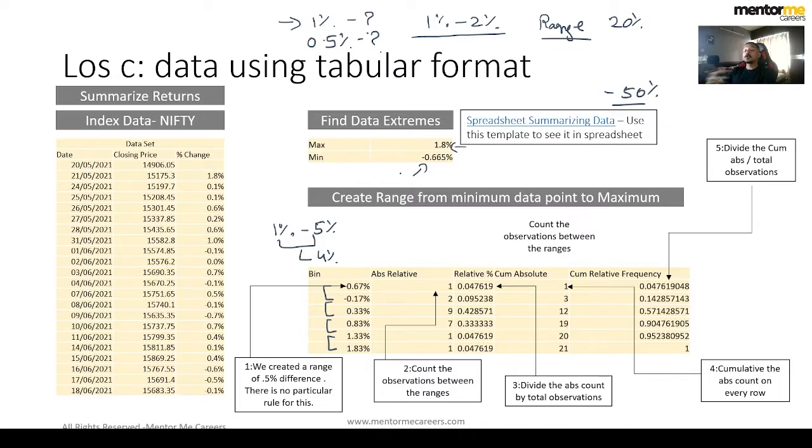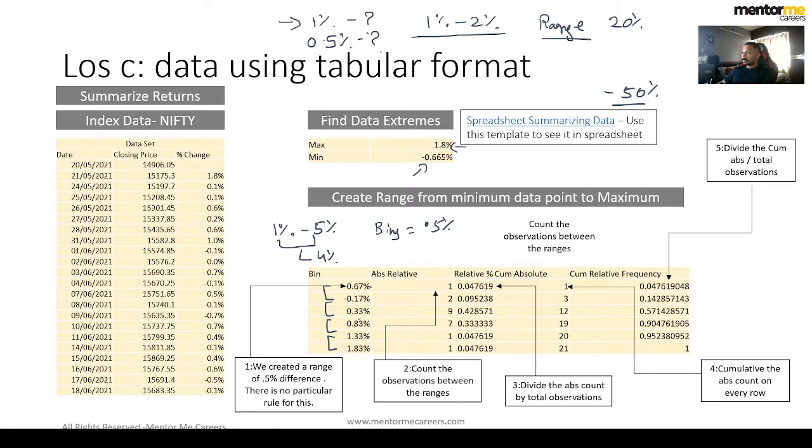It depends upon how you want to visualize the data. So I've taken a very small frequency change, so you can clearly see that I've taken a 0.5% range difference, right? So my bin range would be called 0.5%, okay? Because the data that I'm looking at is not too wide, right? The highest is only 1.8 and the lowest is only negative 0.665.